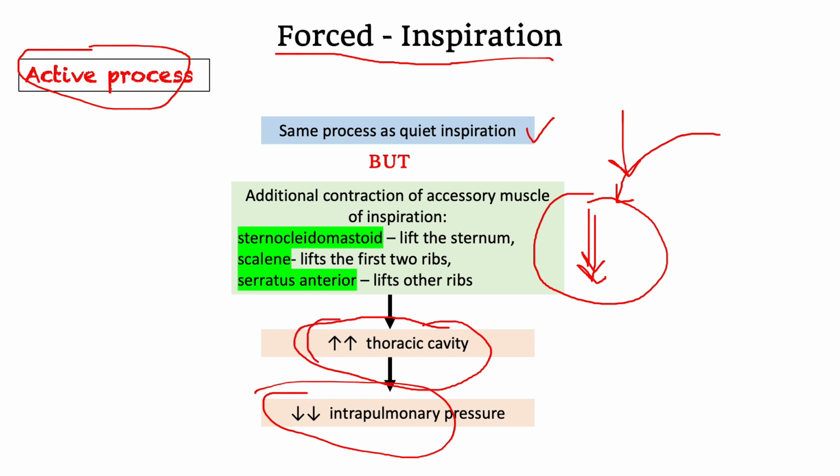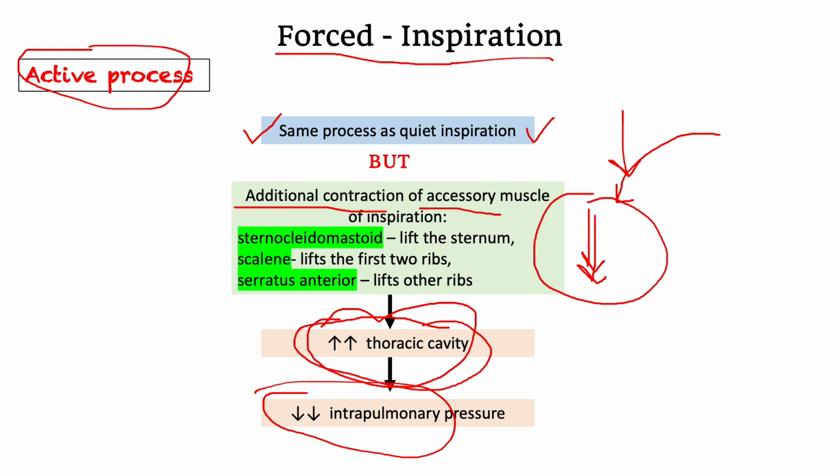So how are we going to increase the thoracic cavity size more than during quiet inspiration? We need to have additional contraction of muscles. So here, for forced inspiration, we do have the same contraction of the diaphragm and also the external intercostal muscle, but we also do have additional contraction from accessory muscles.